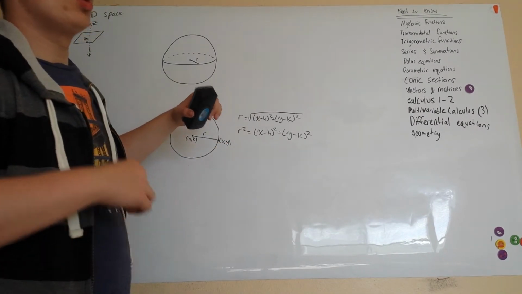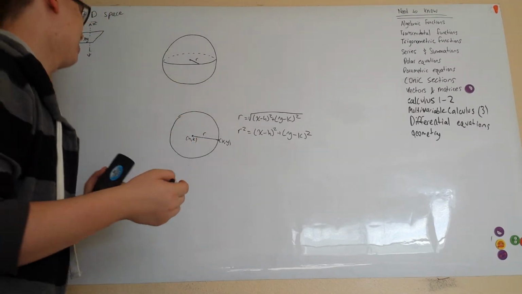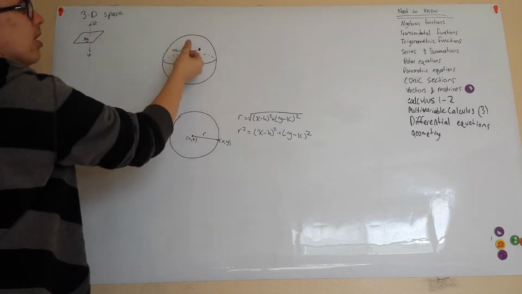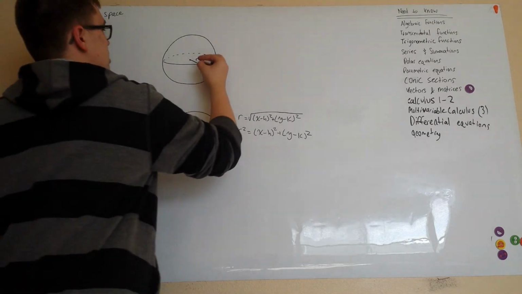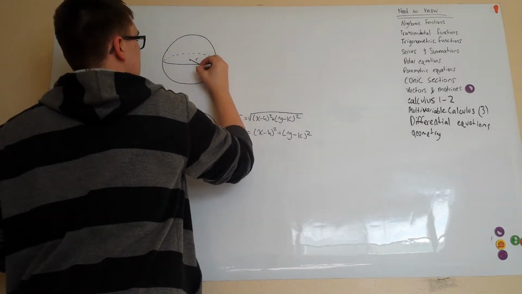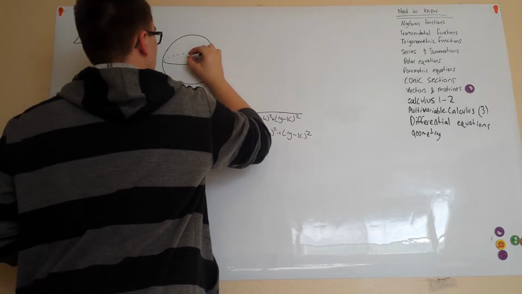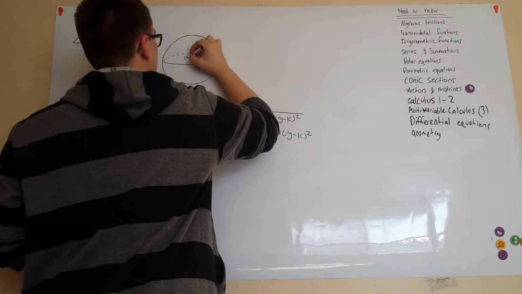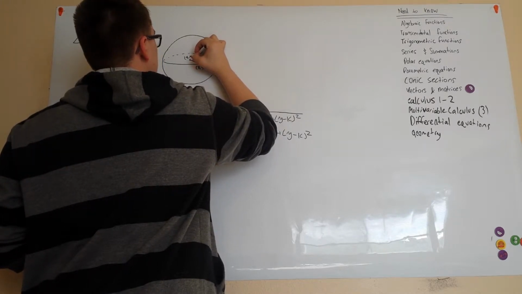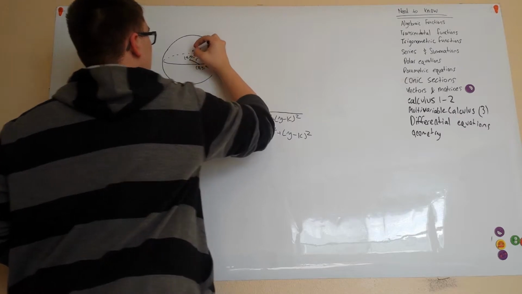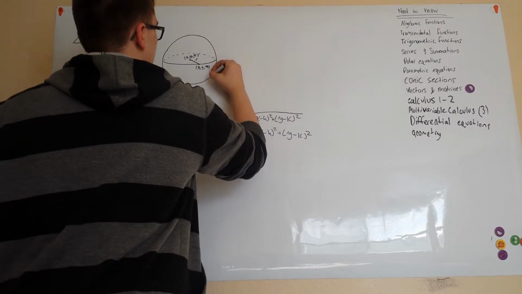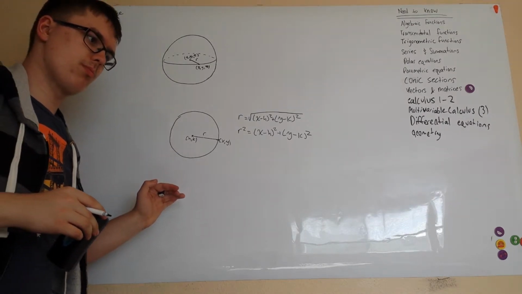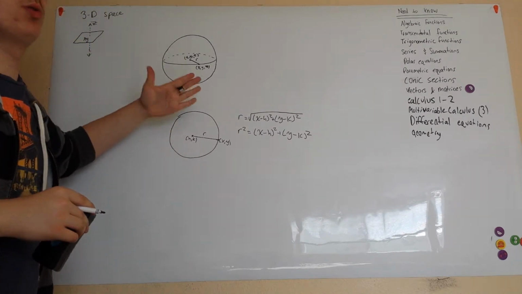Now with the sphere, the same thing is happening. All the distances in my sphere between this point, x, comma, y, comma, z, and this point, x sub 1, comma, y sub 1, comma, z sub 1, are all the same.